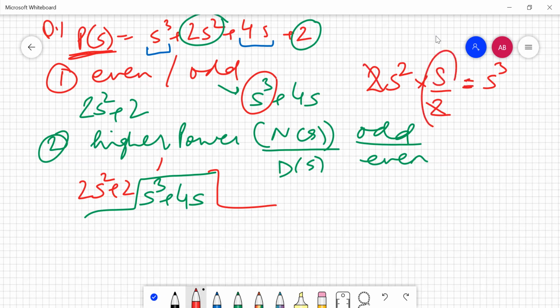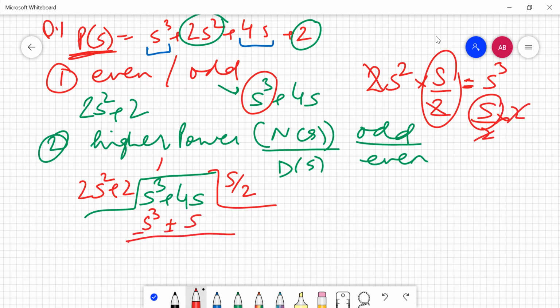So the factor that will come here will be s by 2, and it is going to give me s cube here, right? And when s by 2 is multiplied by 2, it will give me s here. So I am going to write s here, and now we have to subtract it. This thing will cancel out, and here I am going to get 3s.